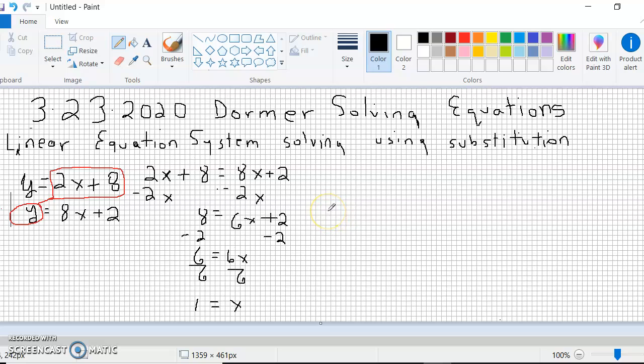All right, and so now I can do my substitution. 2x, 2 times 1, plus 8 is equal to 10.